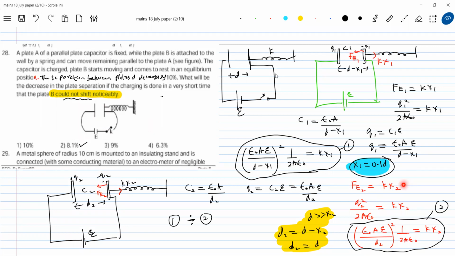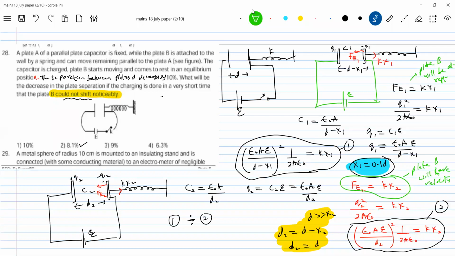When you are writing this equation, plate B will be at rest. You have to apply the basics, nothing big, no application, no concept here. Okay, now everyone is asking 29 again.